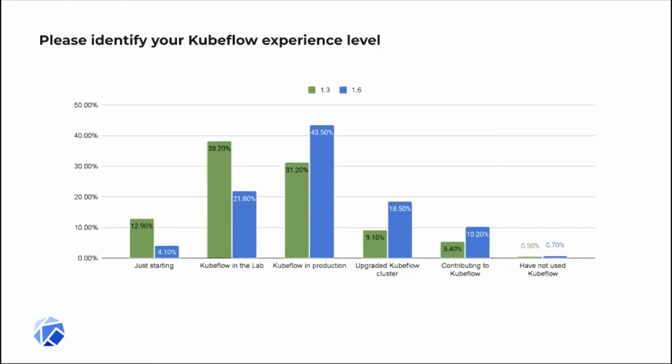Comparing the community level of experience from last year, we can see a clear shift in growing Kubeflow expertise from the community members. Last year, many were running Kubeflow in the lab, but this year, we see that a lot of community members were successfully able to move their lab environment into production, and even have upgraded their cluster and started contributing back to the community.